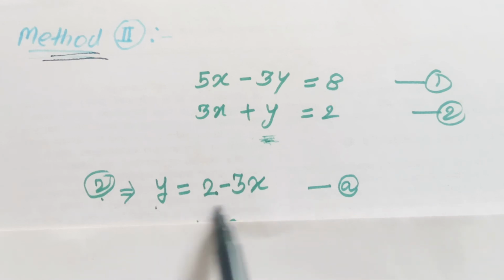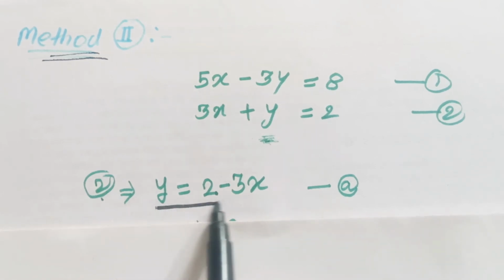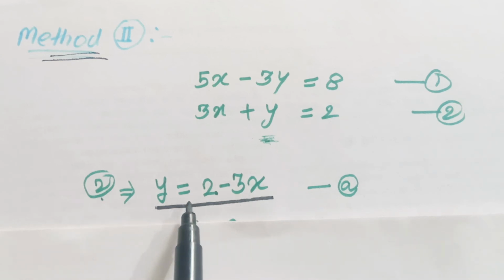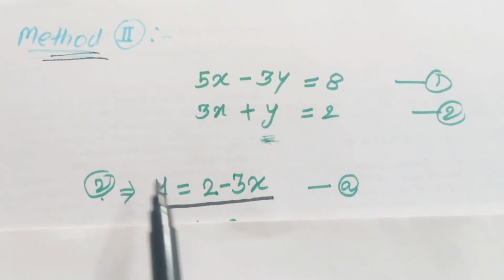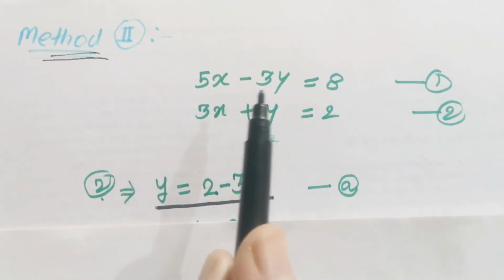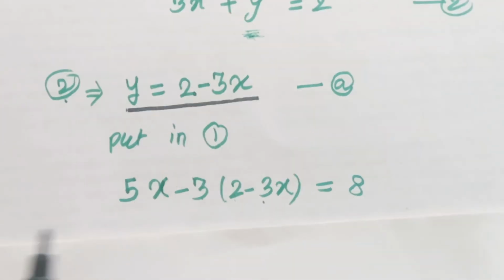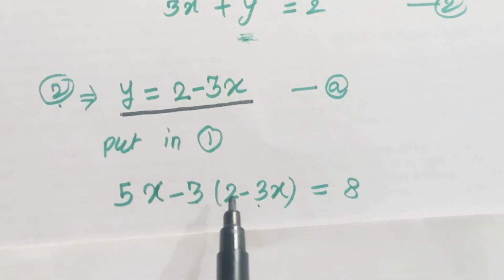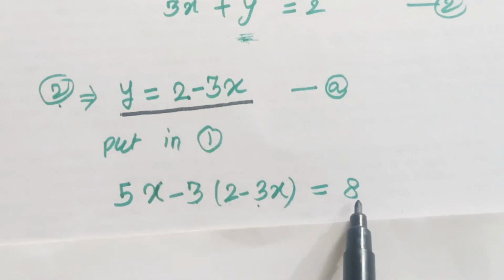This is a new equation, and we consider it equation number A. We get this value of y from equation 2, so we put it in equation number 1. Then we get 5x minus 3 into y, where the value of y is 2 minus 3x, equals 8.